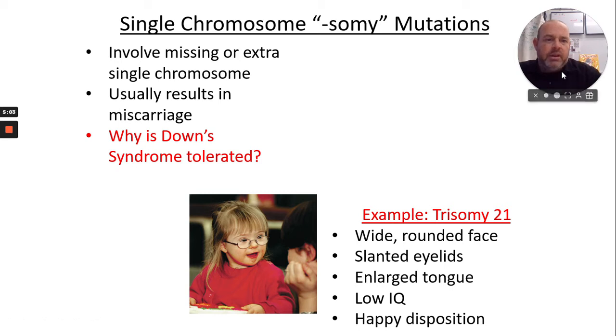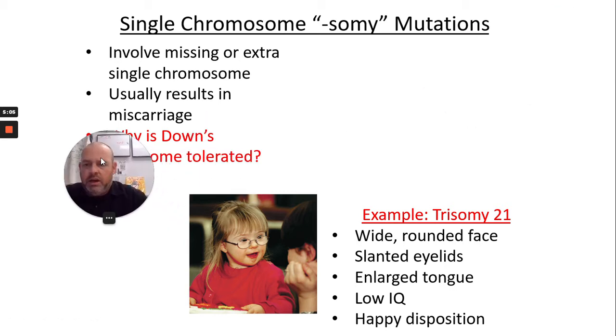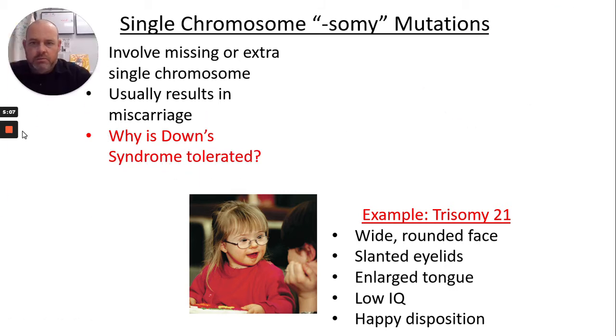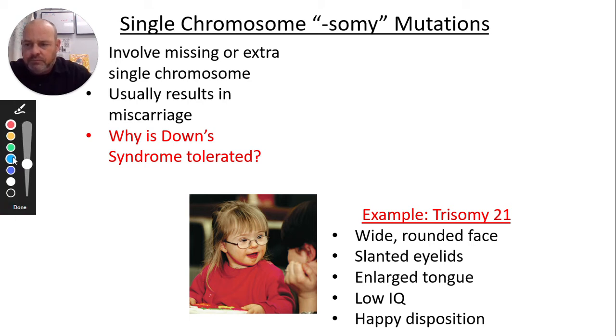So going into some more particular chromosome problems. Single chromosome or monosomy mutations just involve a missing or extra single chromosome. They usually result in a miscarriage. Okay, so a lot of times you may know somebody that's had a miscarriage, right?